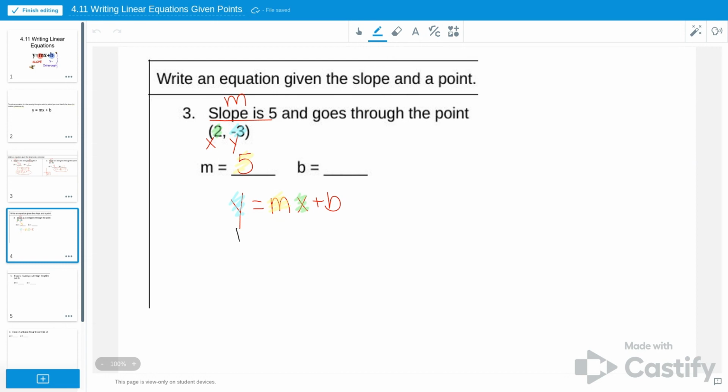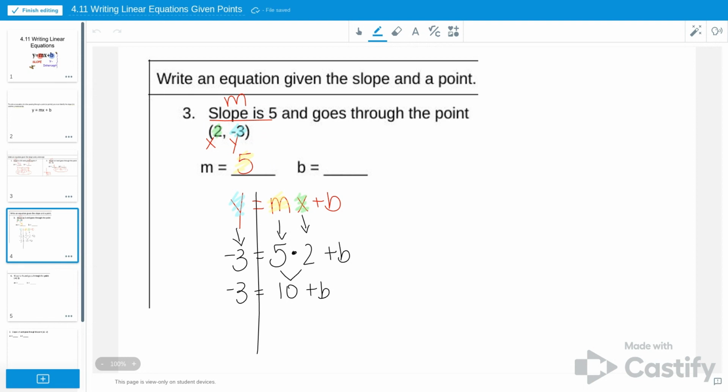So my y is -3, my m is 5 times my x, which is 2, and then I don't know what b is, so I'm going to have plus b. I can solve this equation. So multiply first. 5 times 2 is 10 plus b, and it still equals -3.